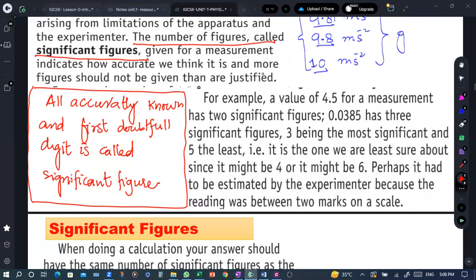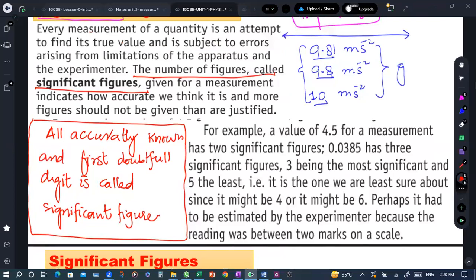For example, in 9.81, these are accurately known, and this is my first doubtful digit. Here I have doubt because in the data the values may vary on repetition. Then I will call it the first doubtful digit.